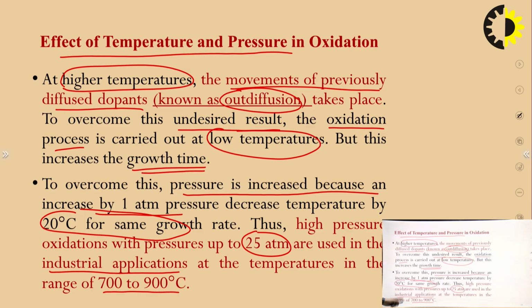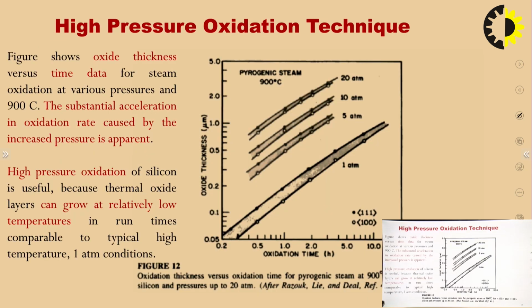We have seen previously that in typical applications of dry and wet oxidation, the oxidation temperature is around 1000 to 1200 degrees centigrade. So, the temperature has been reduced to 700 to 900 degrees centigrade in case of high pressure oxidation techniques. This figure explains the high pressure oxidation results.